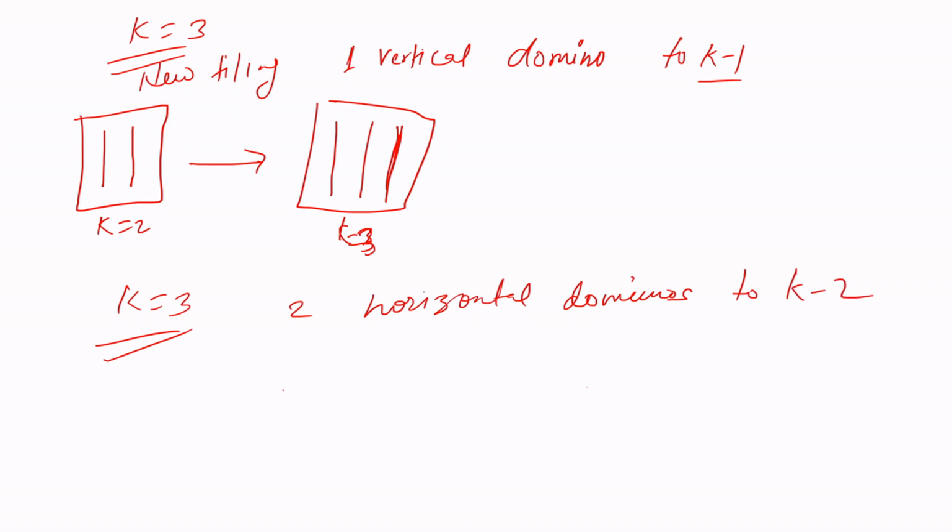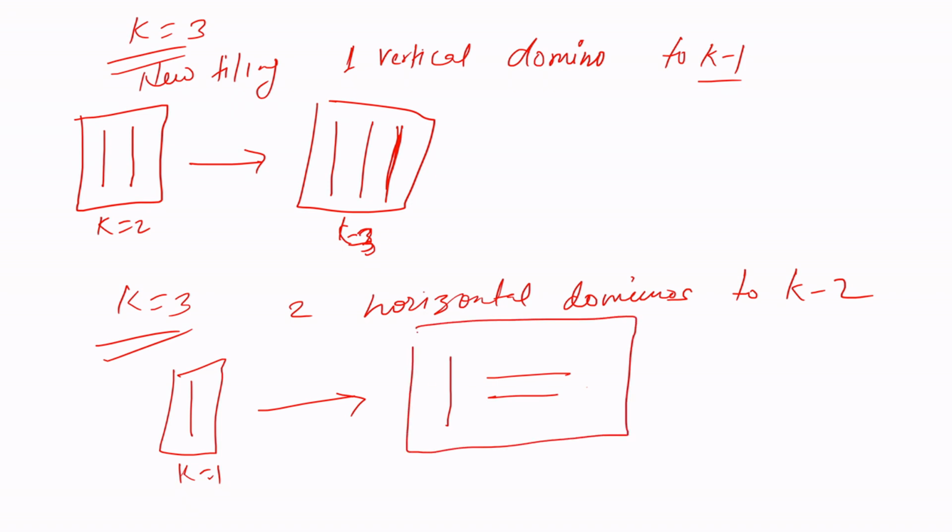How will we do that? So we know that k is 3, k equal to 1, sorry, k equal to 1, and we have it like this, right? So when we are adding two horizontal dominoes, it will look like this. We have one horizontal already, so we will add one horizontal like this, correct?